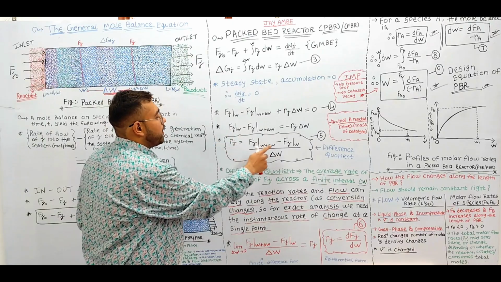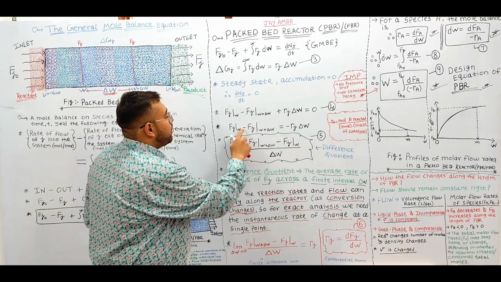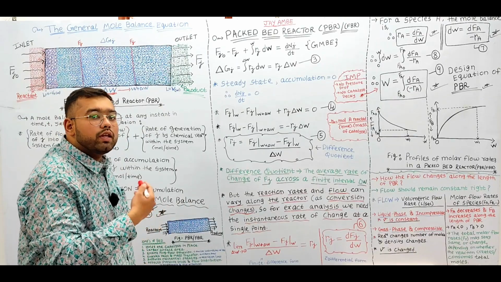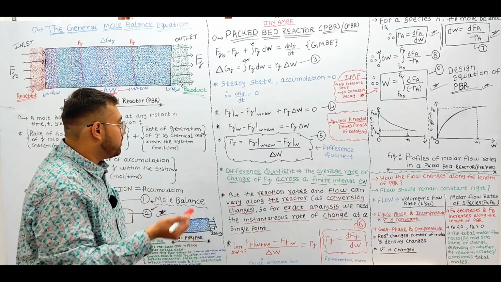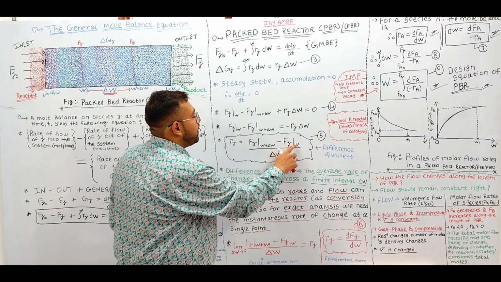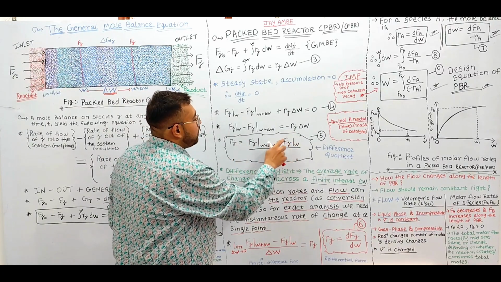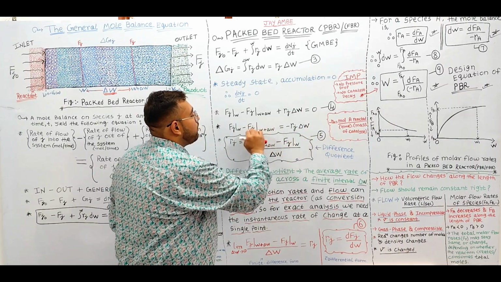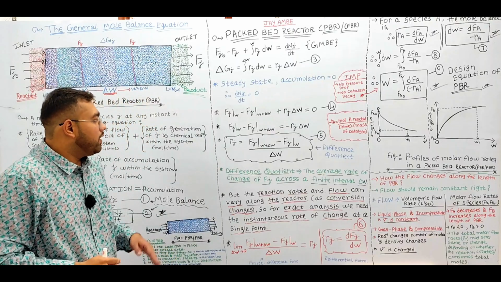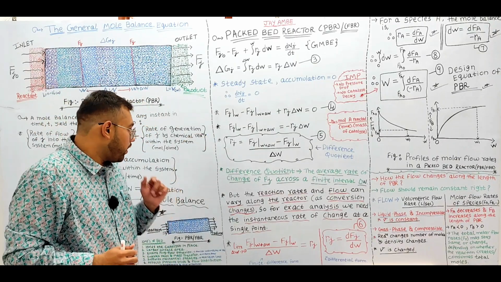So we write minus Fj at W. And here we already have a negative sign, so multiplying with the negative sign, minus minus plus. So we have Fj at W plus delta W minus Fj at W, and we divide the entire equation by delta W. So we'll obtain the final fifth equation.